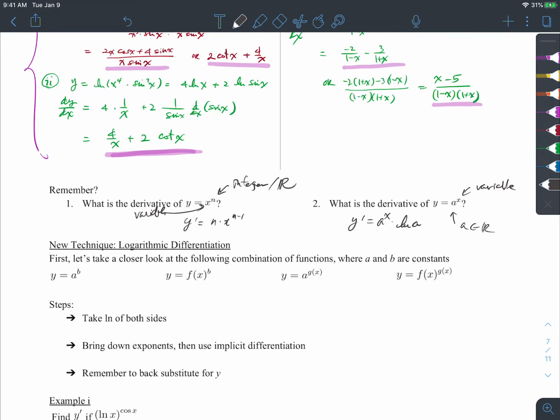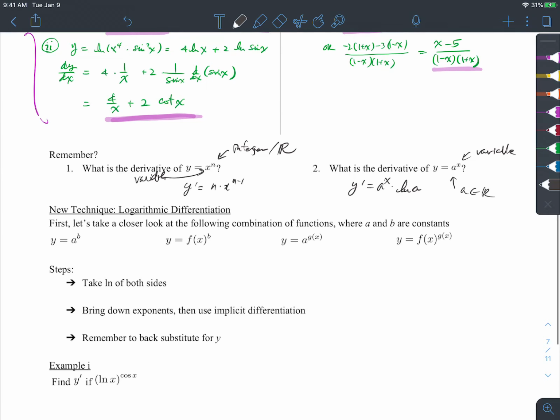All right, guys. So let's take a look at the progression of logarithmic differentiation, and the progression of the exponential form in this case, okay? So in this case, we've got number to the number. We have a function to the number, which was this case right there. And that here is just a constant, right?